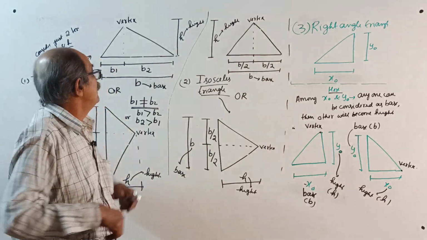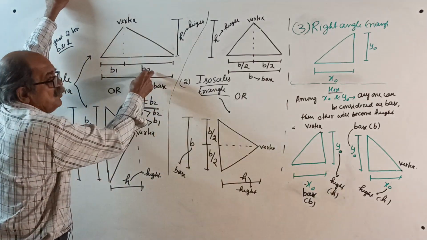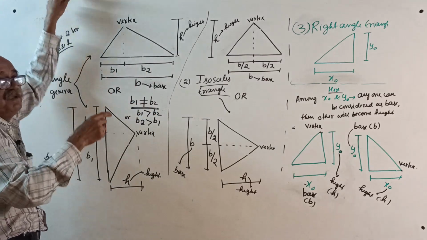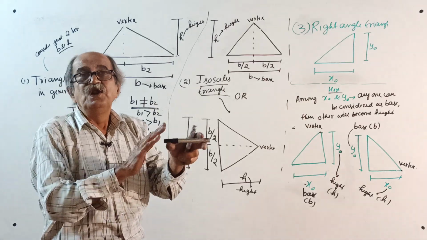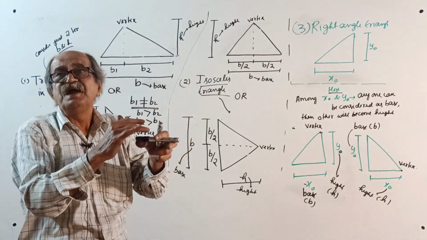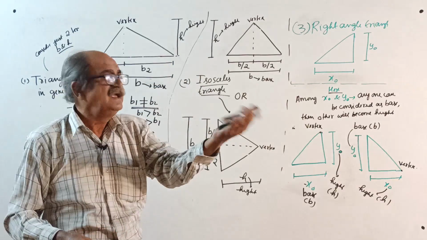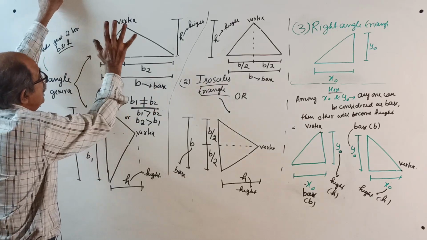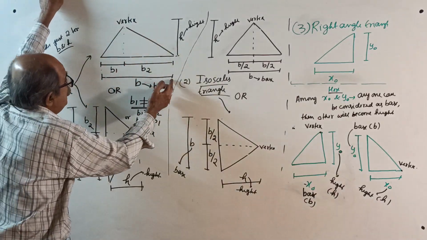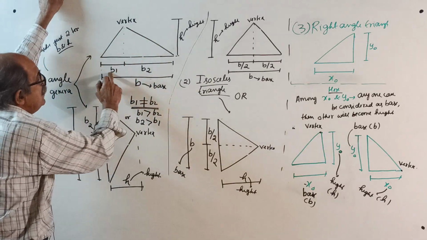The result is the same. Instead of B, B1, B2, there I say L, A and B because it is a very popular simply supported beam with uniformly varying load, one side A, one side B. What you derive here, you can replace the terms. But basically, along the base, 2 parts are B1, B2.